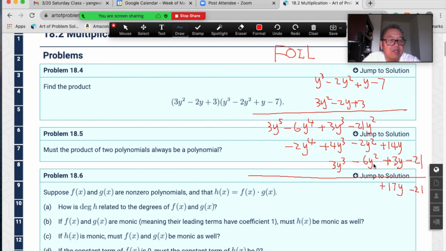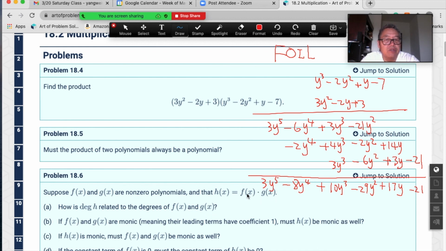Here that will be negative 21, negative 2, and negative 6, giving us negative 29y squared. Then here that will be 10y cubed, then here minus 8y to the power 4, and this one will be 3y to the power 5.